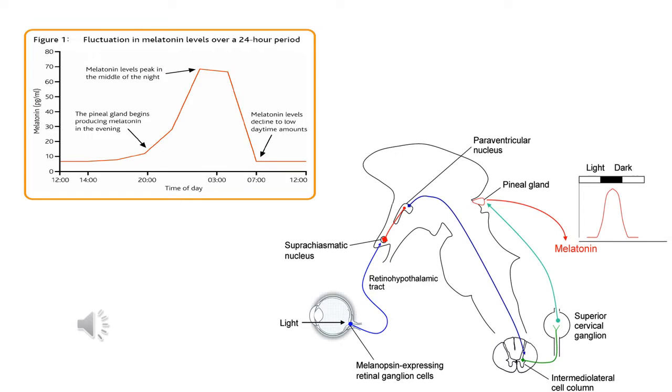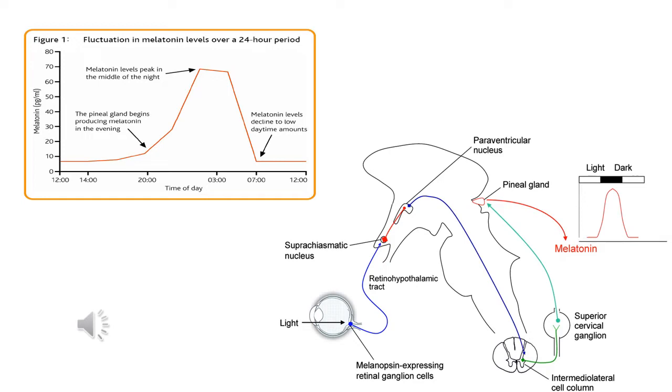So what we can observe during the day is that there's a decrease in melatonin levels within plasma until we get to the evenings around 20:00, where there's an increase.